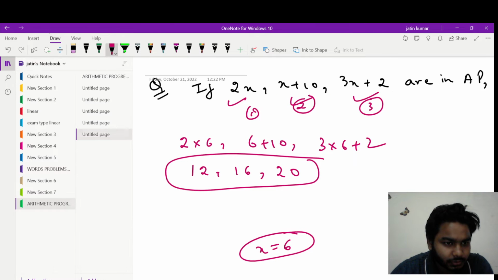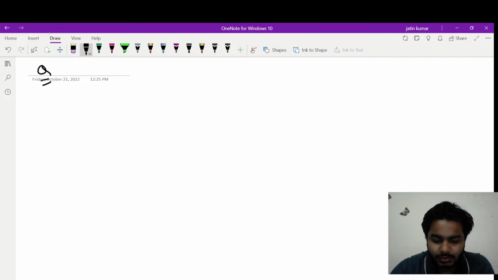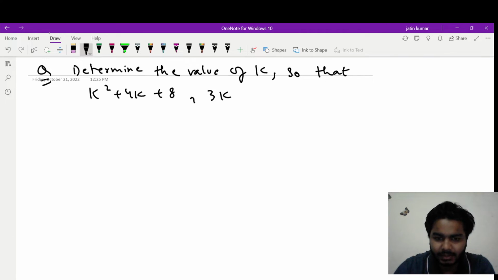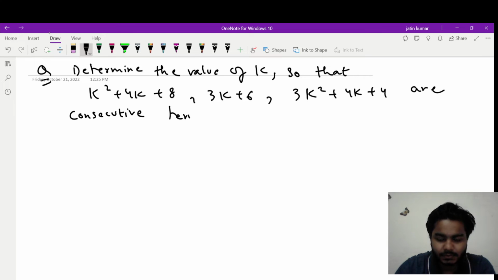Let's do one more question based on this concept. One more important question: determine the value of k so that k square plus 4k plus 8, comma, 3k plus 6, comma, 3k square plus 4k plus 4 are consecutive terms of an AP.